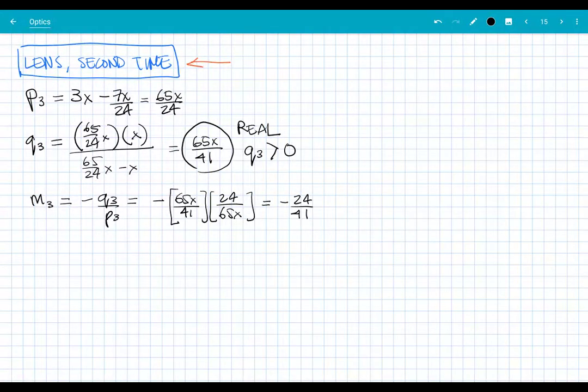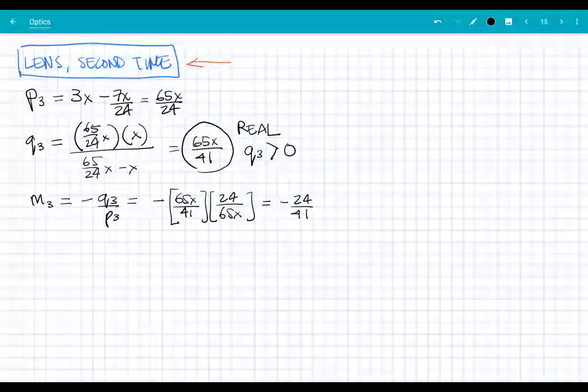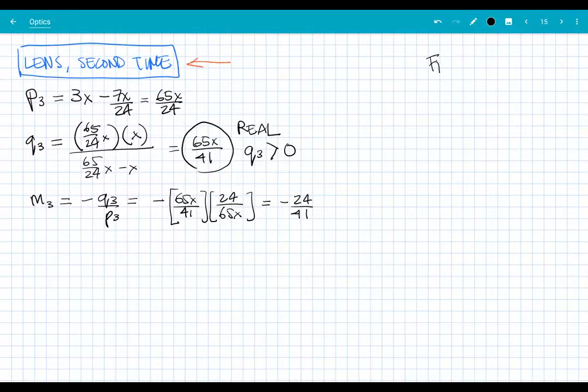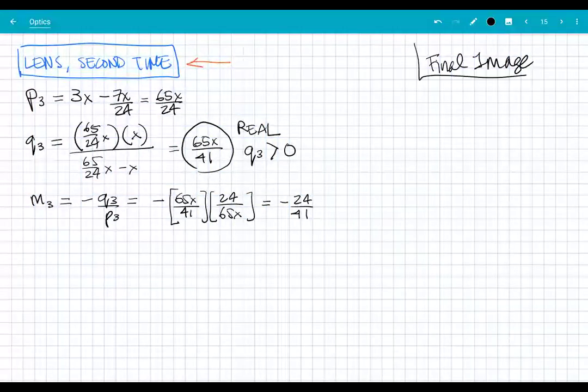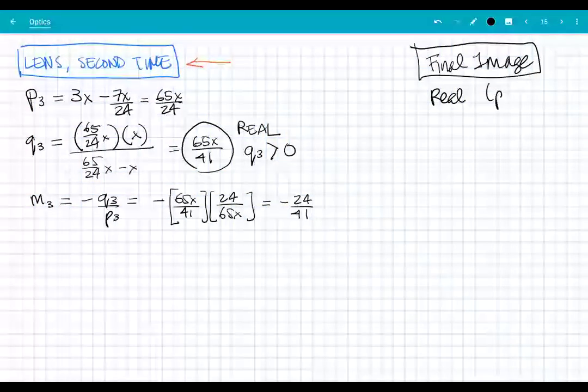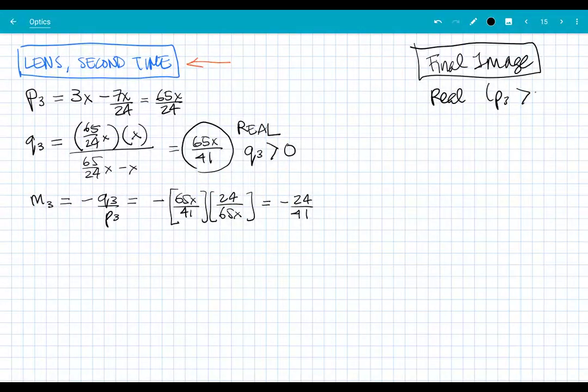So when it comes to the final image, we know that the final image is real. So let's describe here the final image. So I know that it's real, right? I'm sorry, Q3 is greater than 0, the image distance.